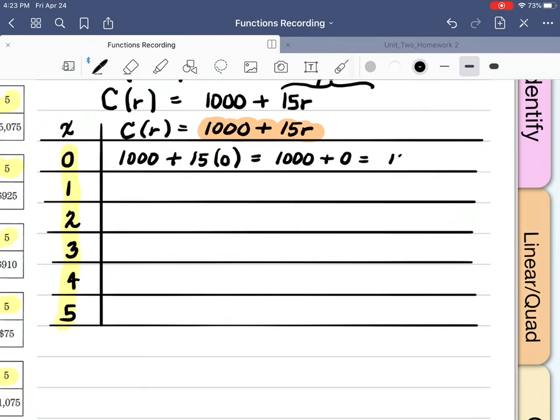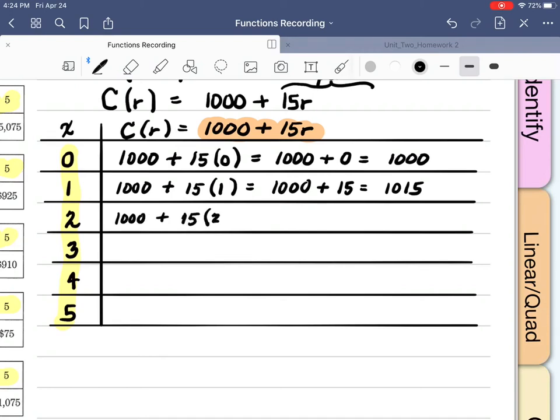So he is still out $1,000, but he doesn't have to pay anything for golf. Well, let's say that he gets in one round of golf before they close the golf course. And so that's 1,000 for the yearly fee, and then one round of golf is $15. Okay, $1,000 a year plus $15 per round, and he plays 2 rounds.